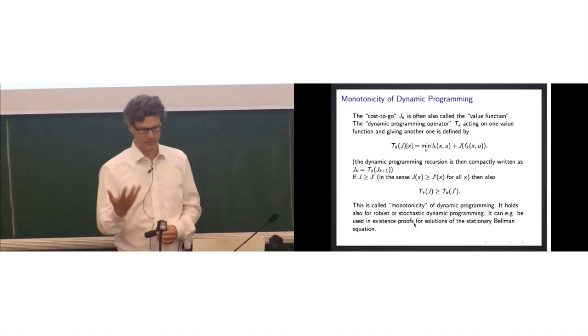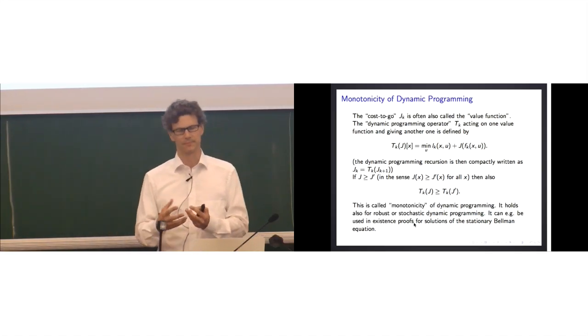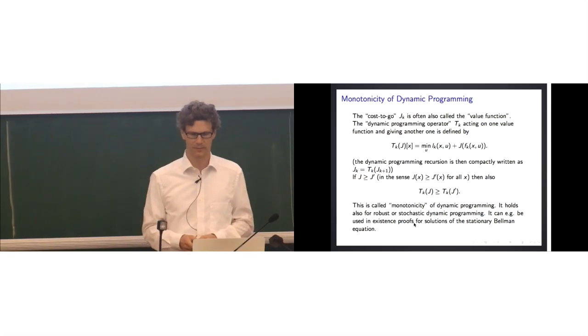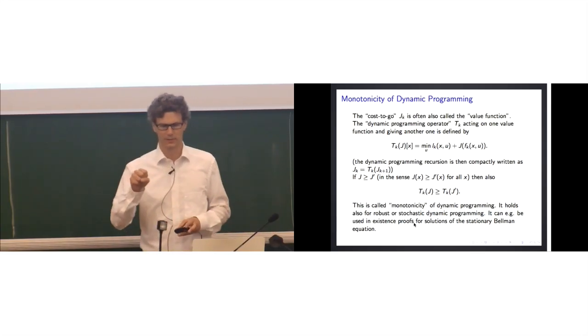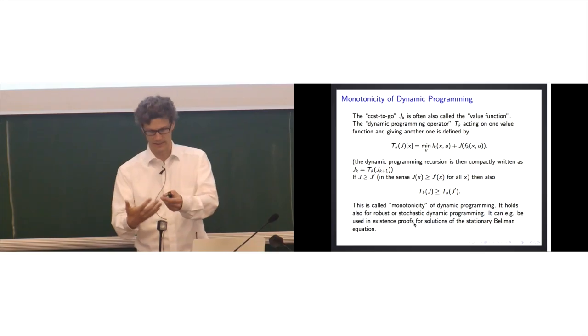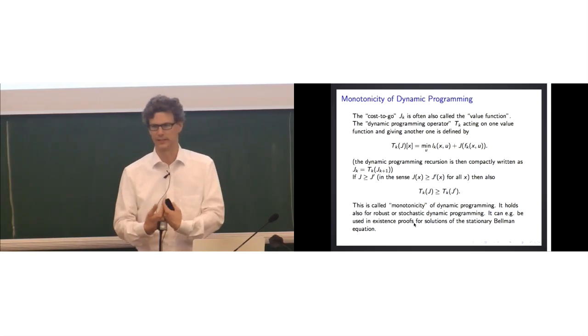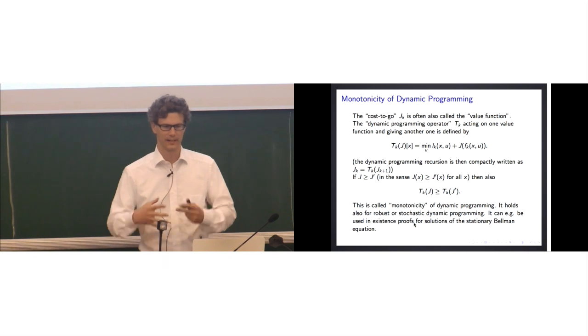And it acts on it by doing the dynamic programming operation. That means you take this function, you plug into it the system dynamics f_k, you add to it the stage cost L_k, and you minimize over u.